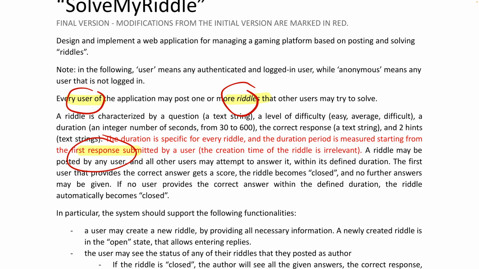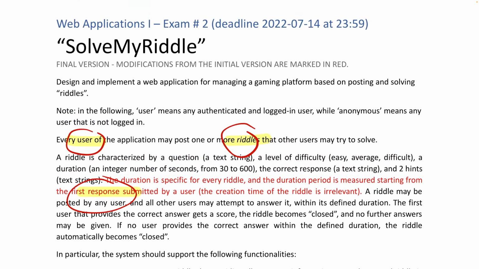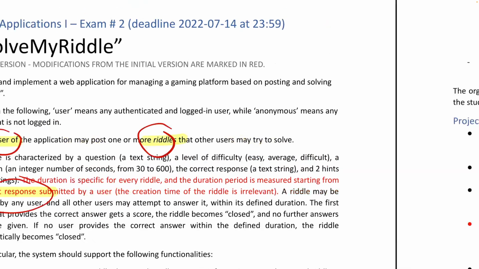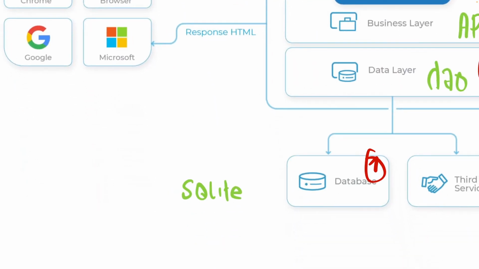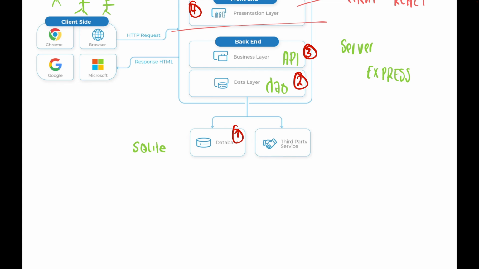From here, we can say that in the database we will have one table that will be users, the second one that will be riddles, and the third one that will be answers.